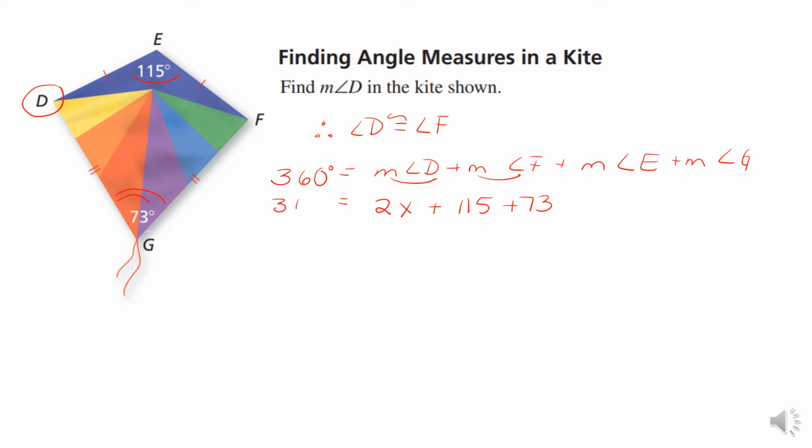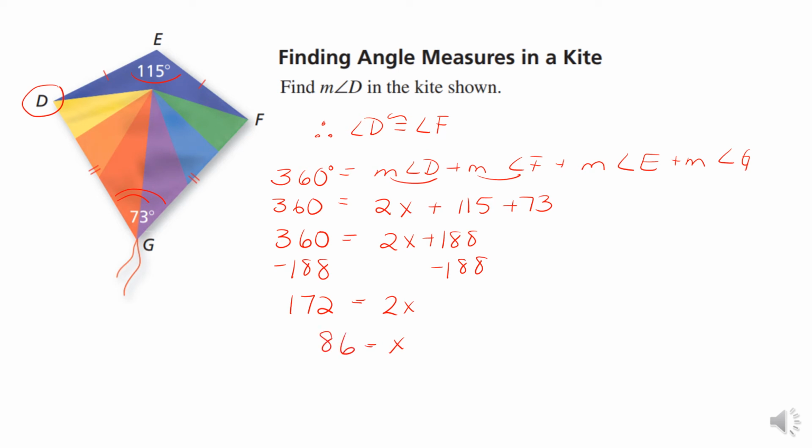We add those up and get 2x plus 188 equals 360. Subtract 188 from 360, and we get 2x equals 172. Divide by 2, and x equals 86. So angle D is 86 degrees, and so is angle F. You could add those all up if you want to check your work.